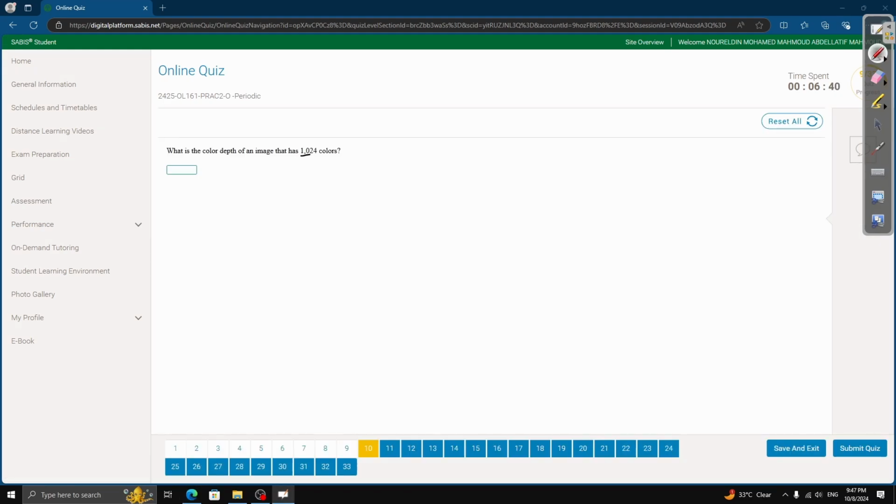This one, it's working in reverse. You're given the amount of colors something can represent, and you need to find the bits for color depth. So take 1024 equals 2 to the power of x.